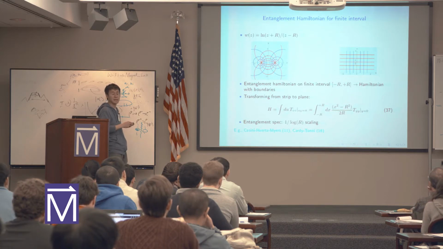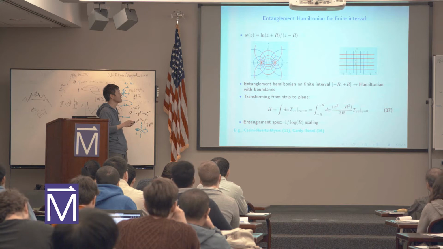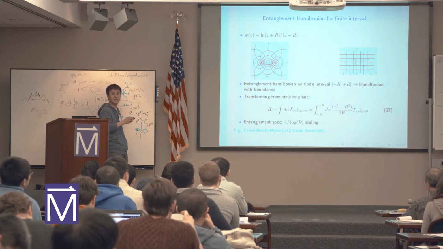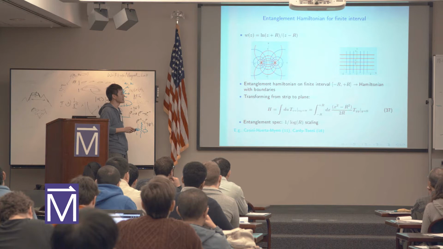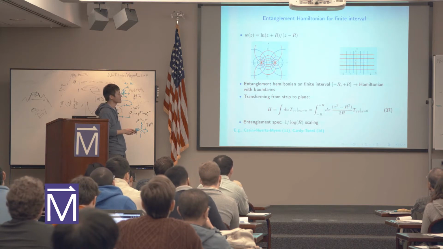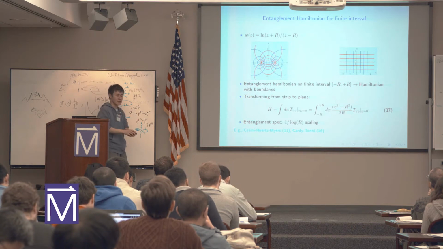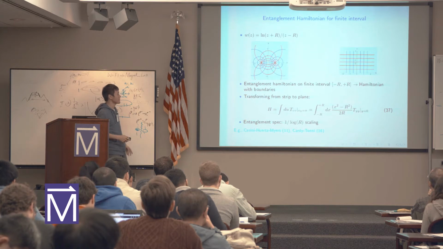So T_yy is the Hamiltonian density, the evolution operator in the y direction. But the entanglement Hamiltonian is this Hamiltonian density multiplied by this envelope function, which is r squared minus x squared. This is the explicit formula of the entanglement Hamiltonian for conformal field theory for the finite interval of length r.